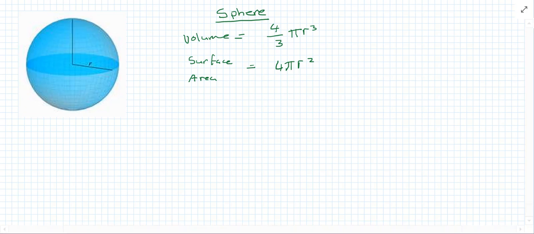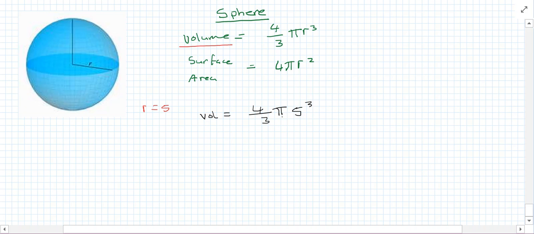So then, if you had a problem, let's say, imagine they tell you that the radius r is equal to 5, and they ask you to find the volume. So if we work through that, volume, abbreviated as VOL, is equal to 4 over 3 times pi times the radius, which in this case is 5 cubed.